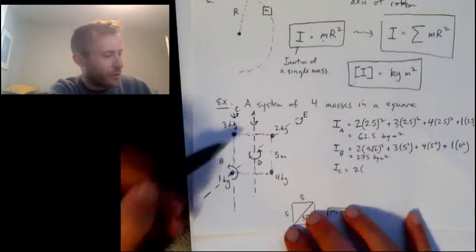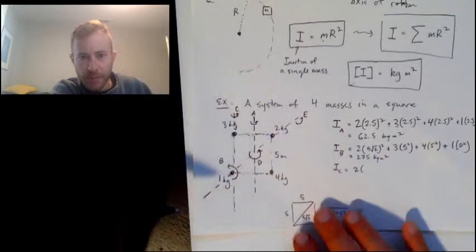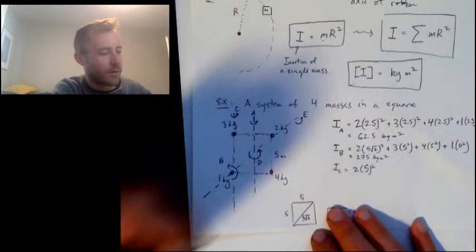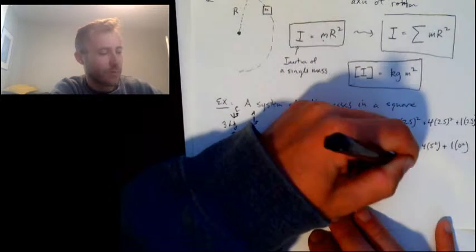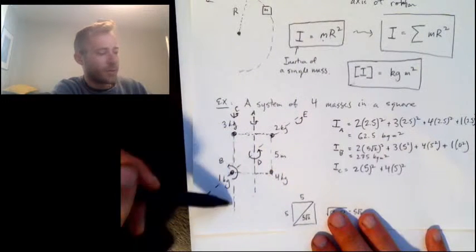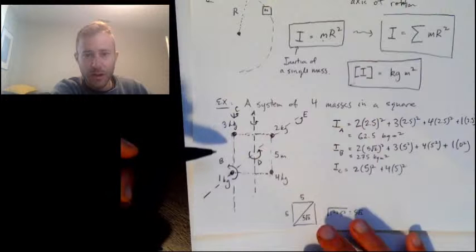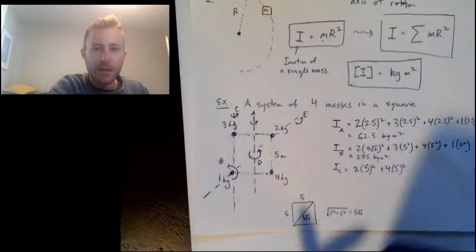Because this 2 kilogram mass is an entire side length away from the axis of rotation, that would be 5. Similarly, the 4 kilogram mass is also 5 away. Again, we don't have terms for the 3 kilogram mass and the 1 kilogram mass because they are on the axis of rotation, so they have r equals 0.